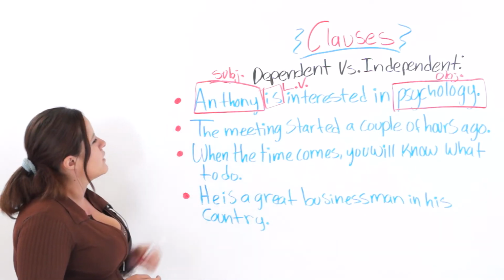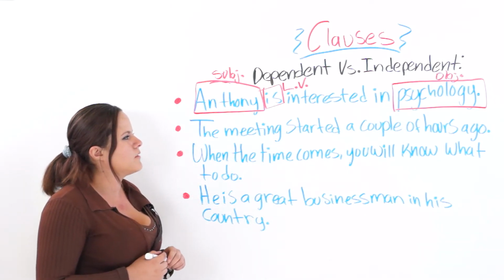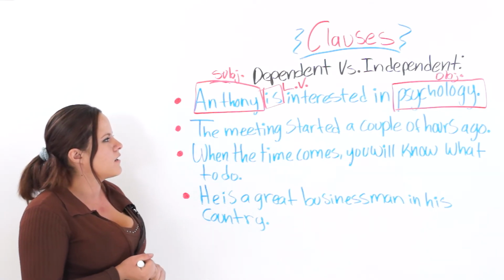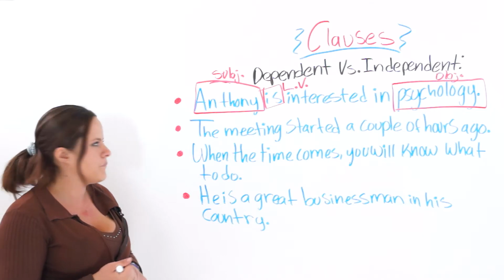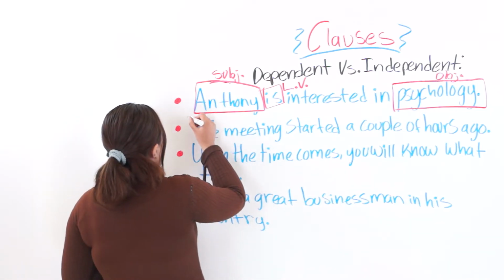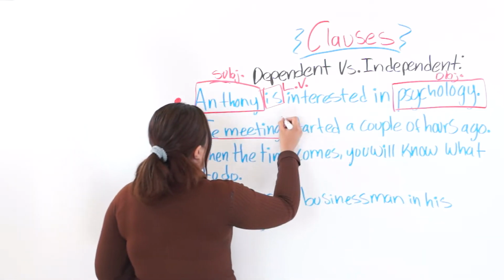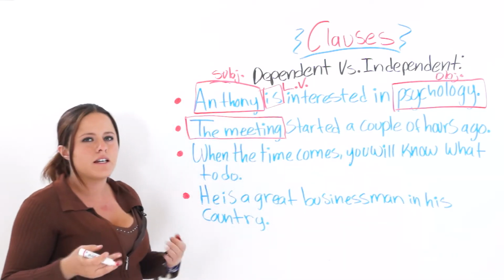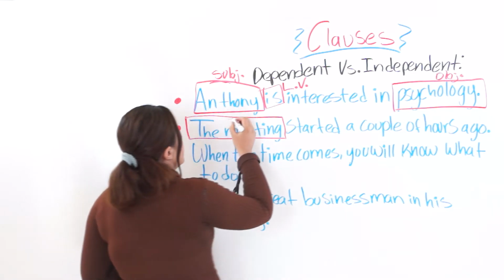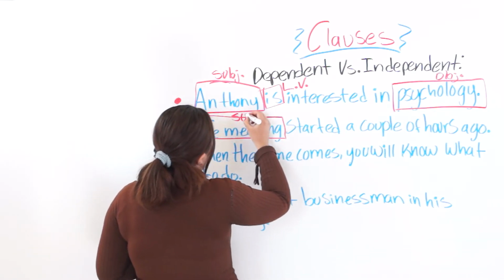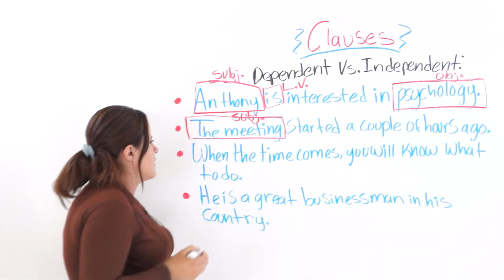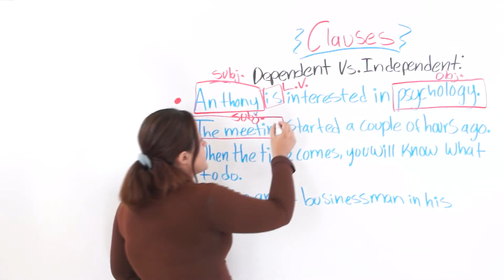It says, the meeting started a couple of hours ago. The meeting would be our subject here. This way we know that it is not a phrase because we have a subject. The meeting started, we have a verb.